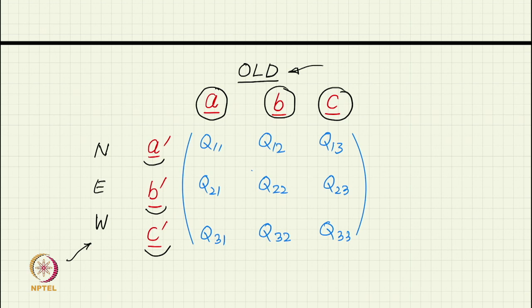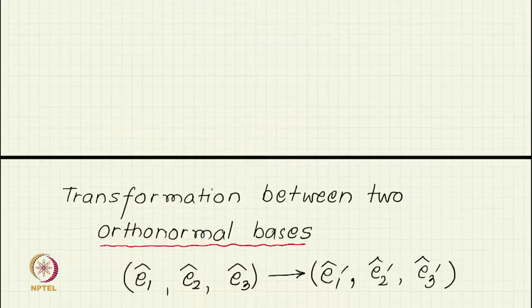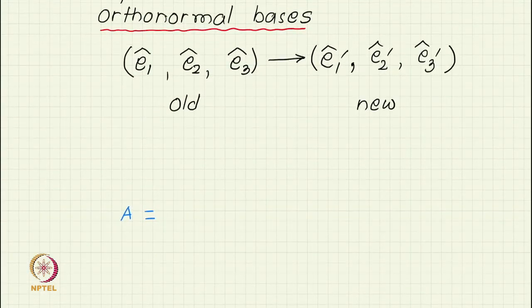So, now in an orthonormal system, A, B and C are unit vectors and the angles between them are 90 degree. The general procedure is still applicable, but it is a specialized case and we want to look at the special property of this transformation, from one orthonormal basis to another orthonormal basis.